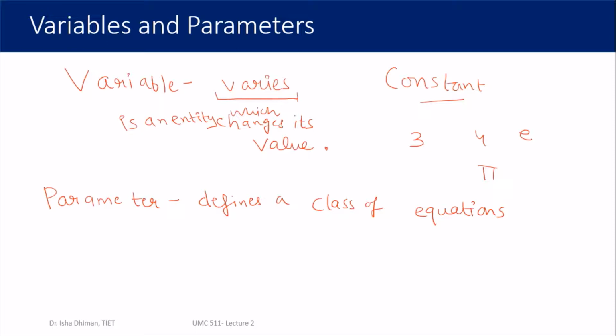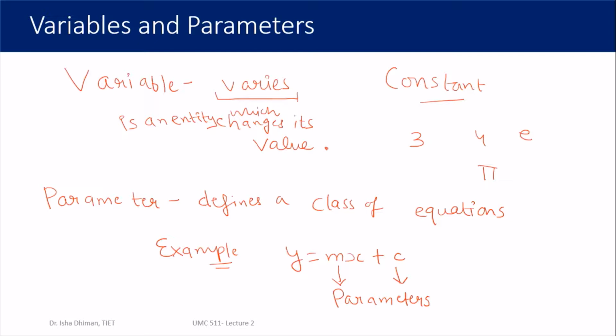Let me give you an example to understand the clear-cut distinction between variable and parameter. If I give you the equation y equals mx plus c, can you figure out which one is a constant, which is a variable, and which is a parameter? Right now in this equation, I do not see any constant. The m and c are both my parameters, because on varying m and c, I'll get a class of equations.